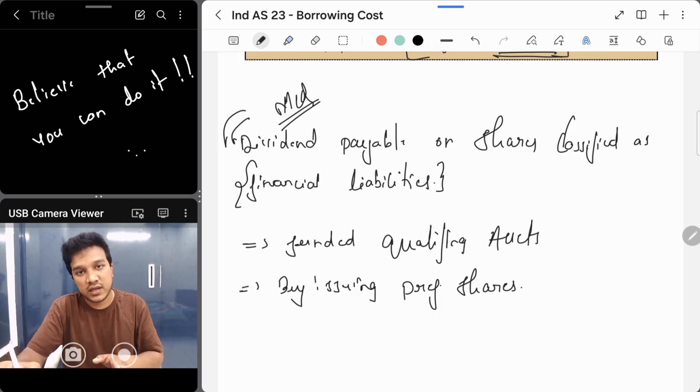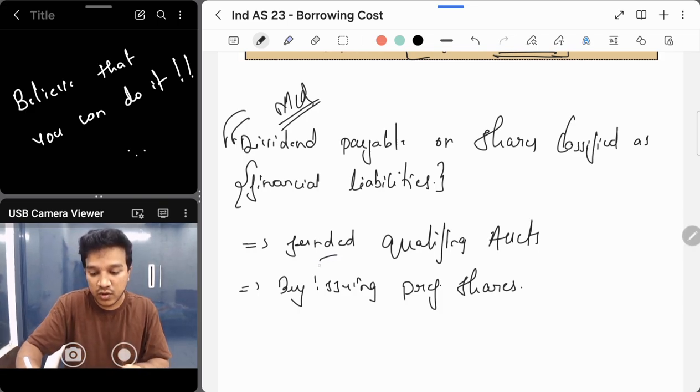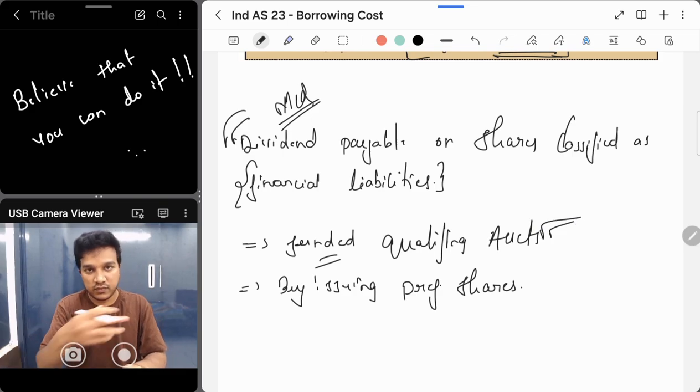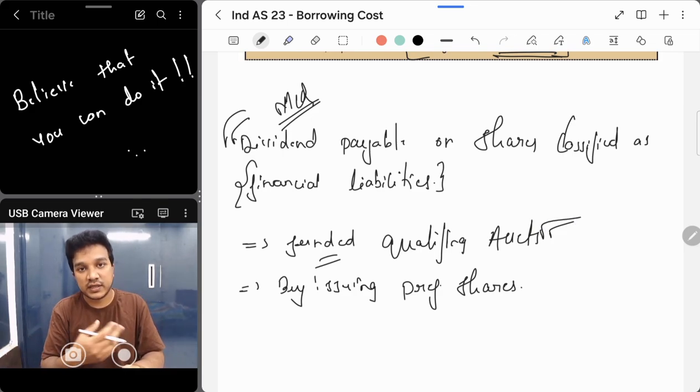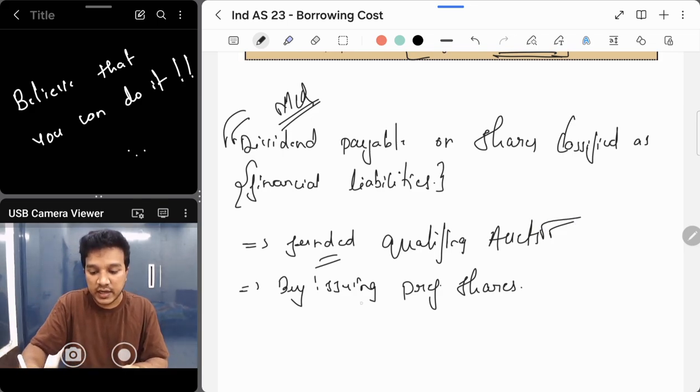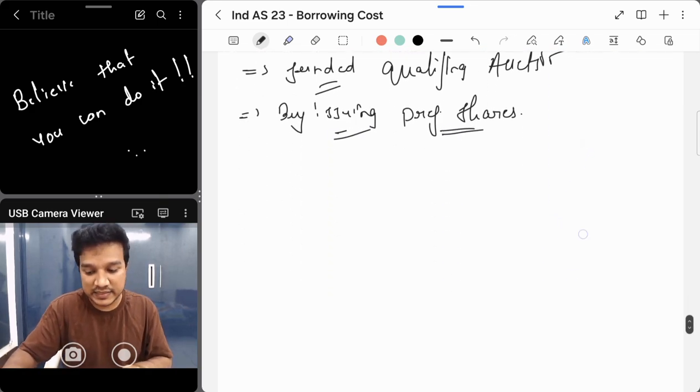If it is treated like equity, then you cannot treat the payment of dividend as borrowing cost. It has to be classified as a financial liability. Only then will the dividend they are paying be treated as borrowing cost, and it will be added to the asset for which they are using the funds. Okay, funded to qualifying asset, right? Whatever preference share amount you have collected is funded for the qualifying asset. I hope this is clear now.